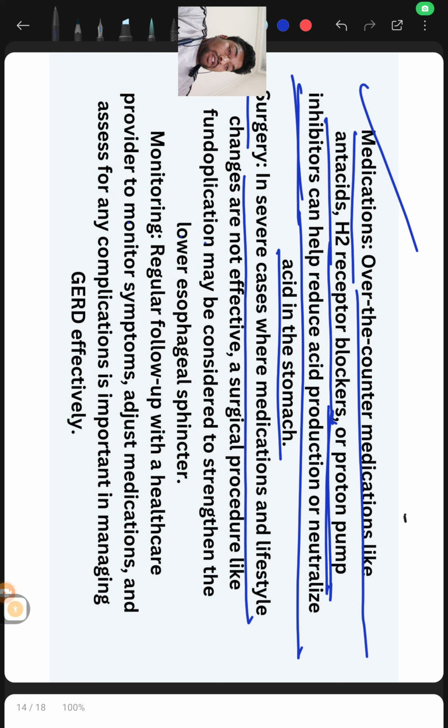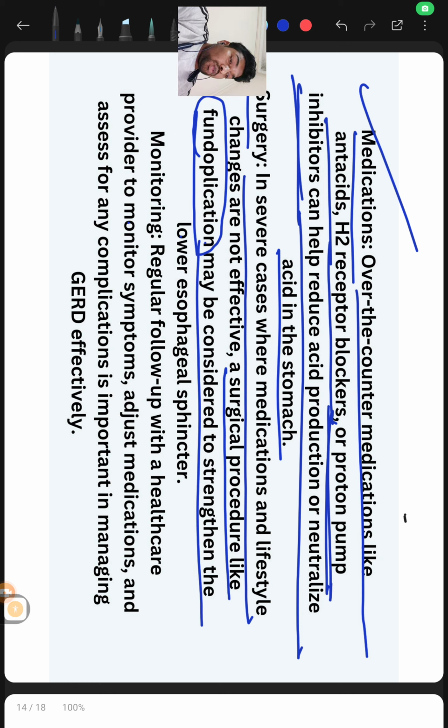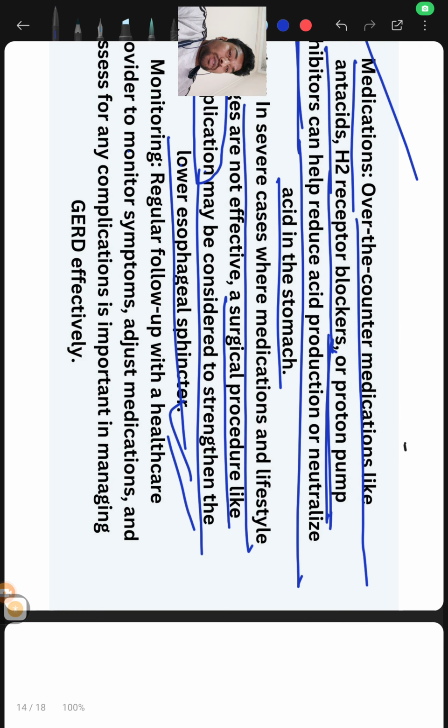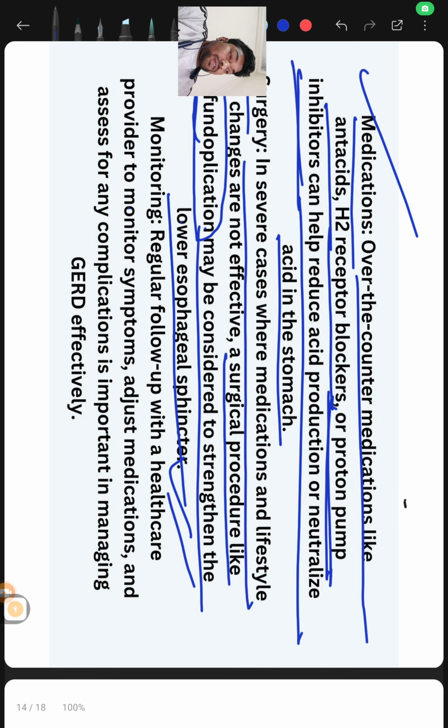So surgical procedures like fundoplication may be considered to strengthen the lower esophageal sphincter. The main problem, as we have already seen, is with the lower esophageal sphincter, right?